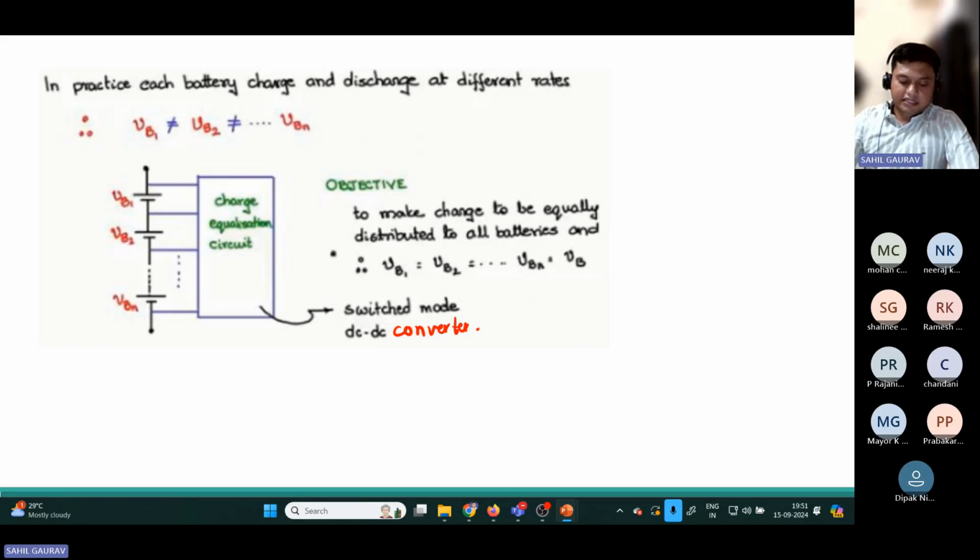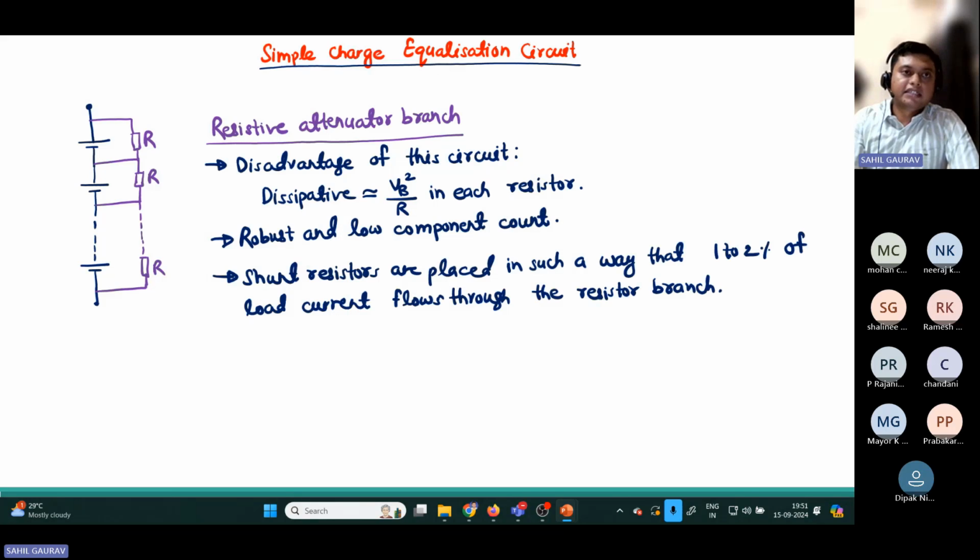First we will see a simple charge equalization circuit that is not commonly used. In this first case, you just directly connect a fixed resistor value across each of the different batteries.